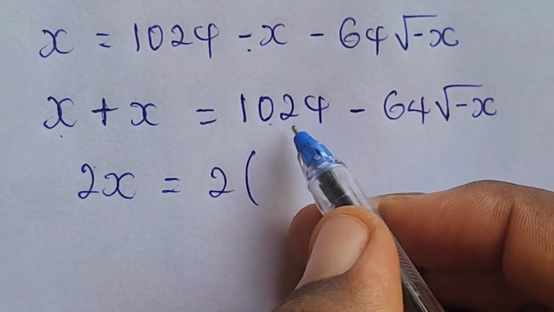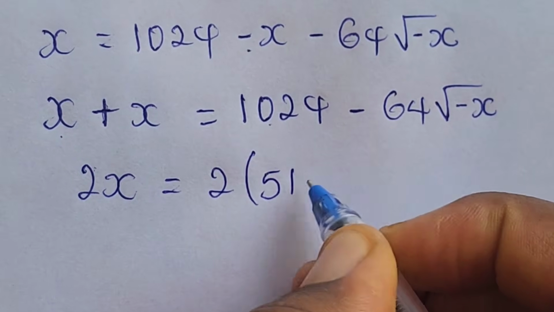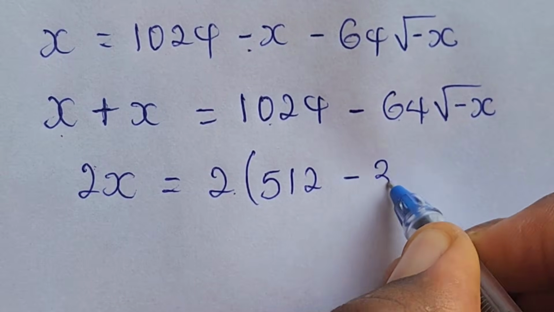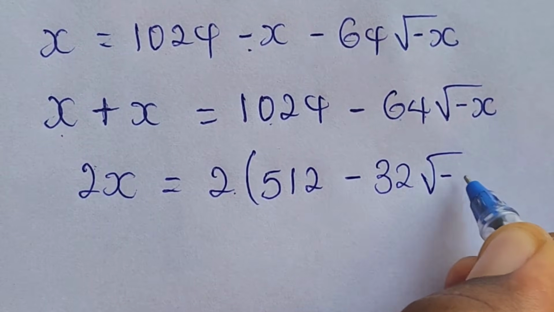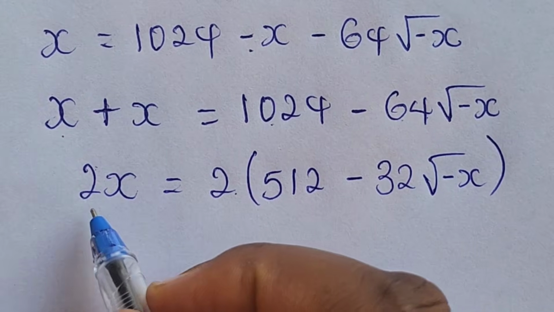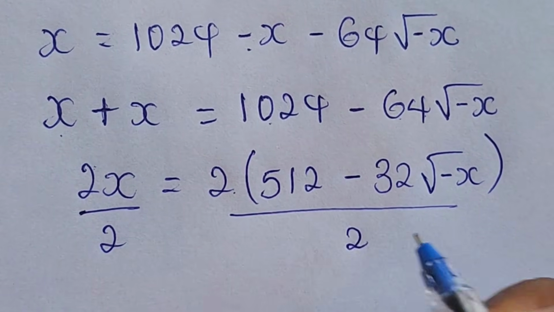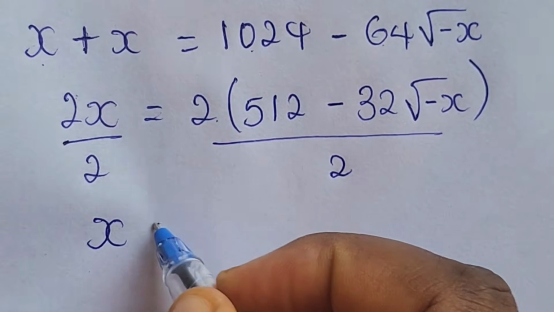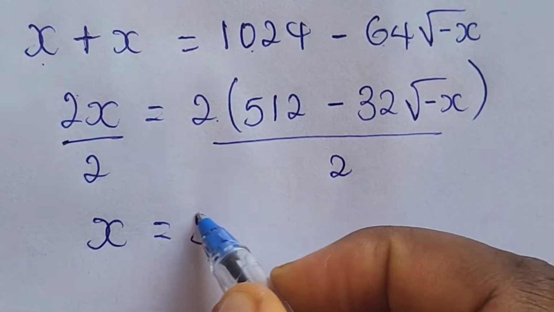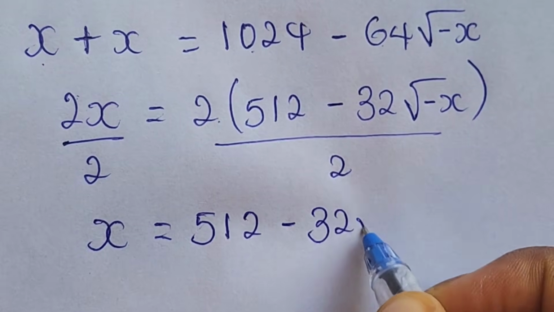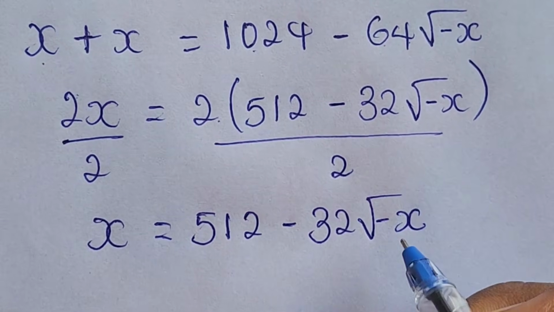When we factor 2 out from here, we are left with 512 minus 64 divided by 2, we have 32 root minus x. So let's divide through by 2. We'll now have x to be equal to 512 minus 32 root minus x.